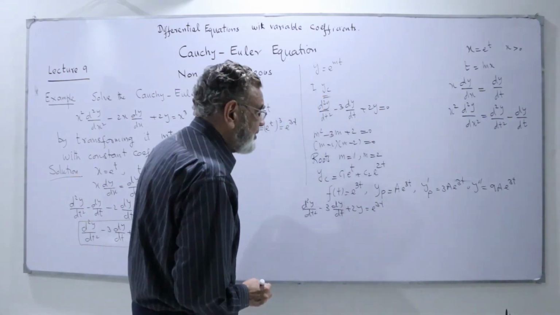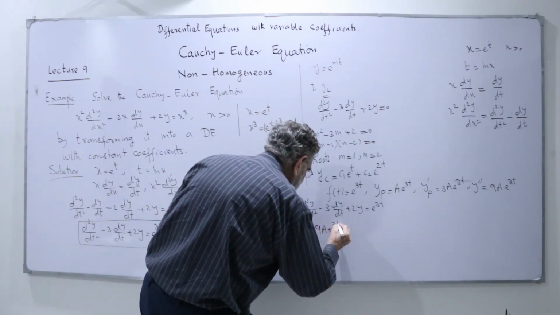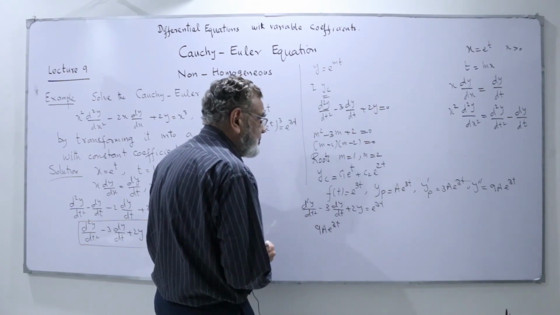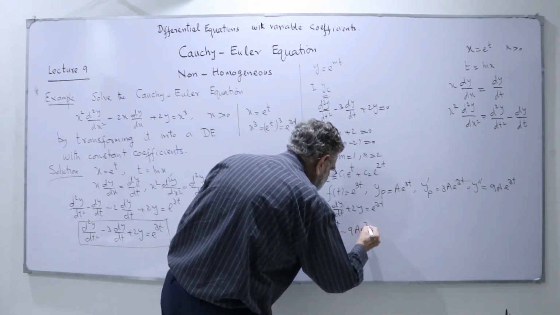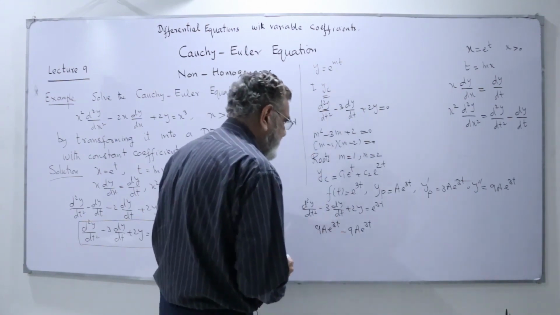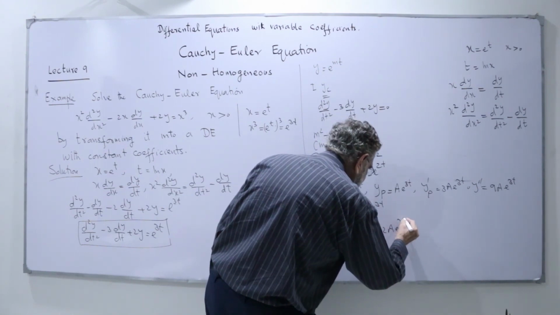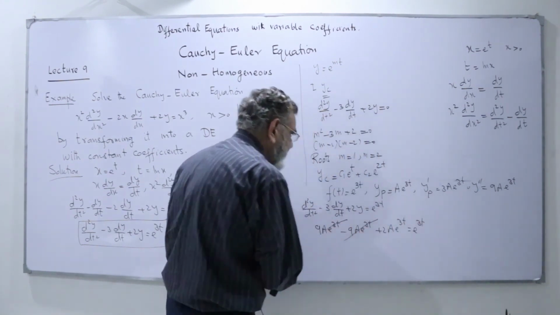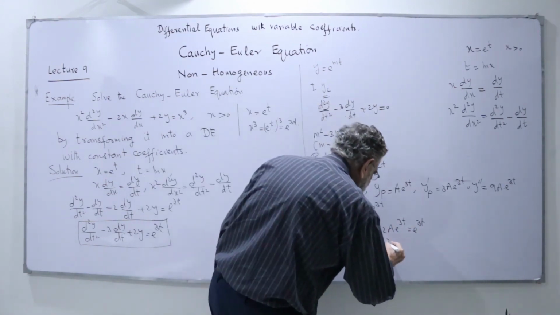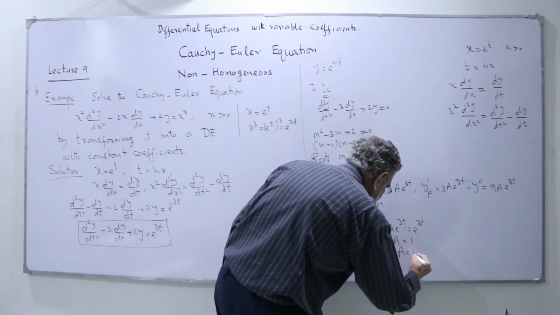What do I get? y double dash is 9a e to the power 3t, minus 3 times yp is minus 9a e to the power 3t, 2 times yp is plus 2a e to the power 3t, equal to e to the power 3t. Now the 9a cancels. We compare the coefficients. We get 2a is equal to 1, a is equal to 1 by 2.